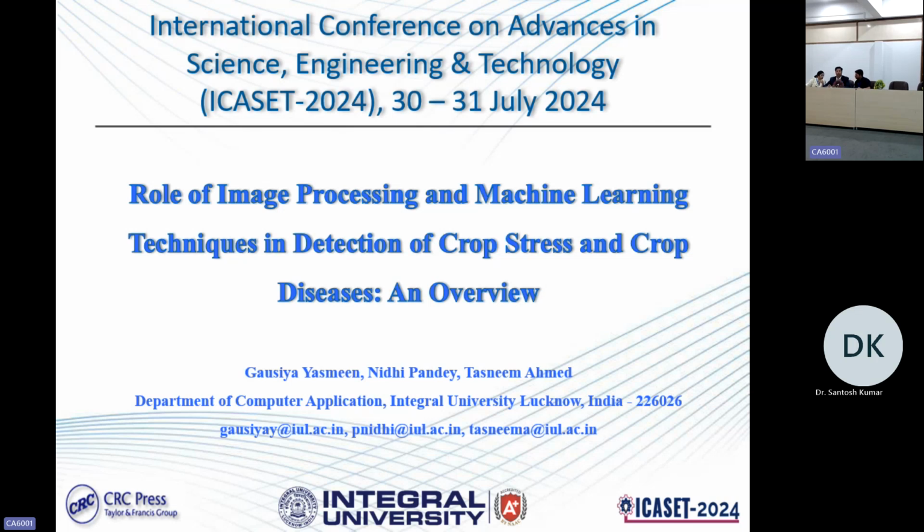In this paper, we have given an overview after extensive literature review related to image processing, precision agriculture, and machine learning, showing how the involvement of image processing with machine learning has gradually grown in early detection of crop stress, abiotic and biotic, and helping in improvement of crop health.